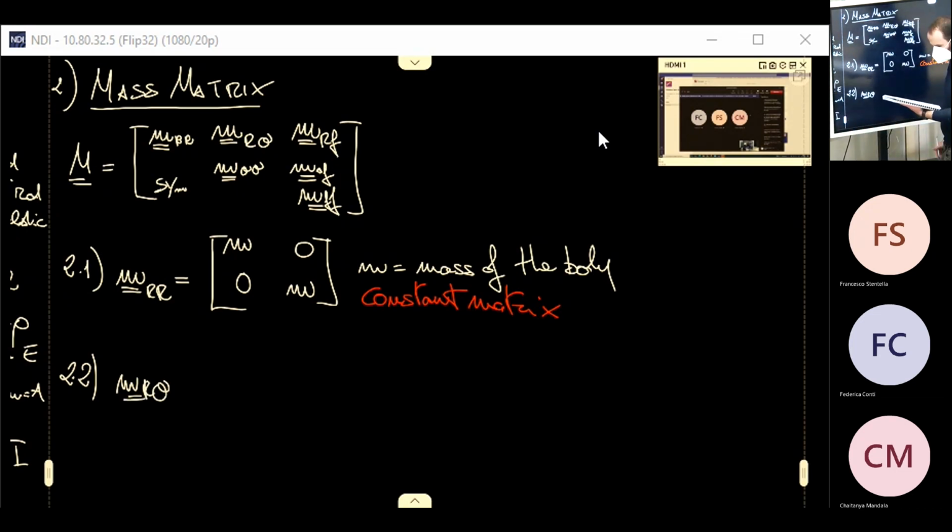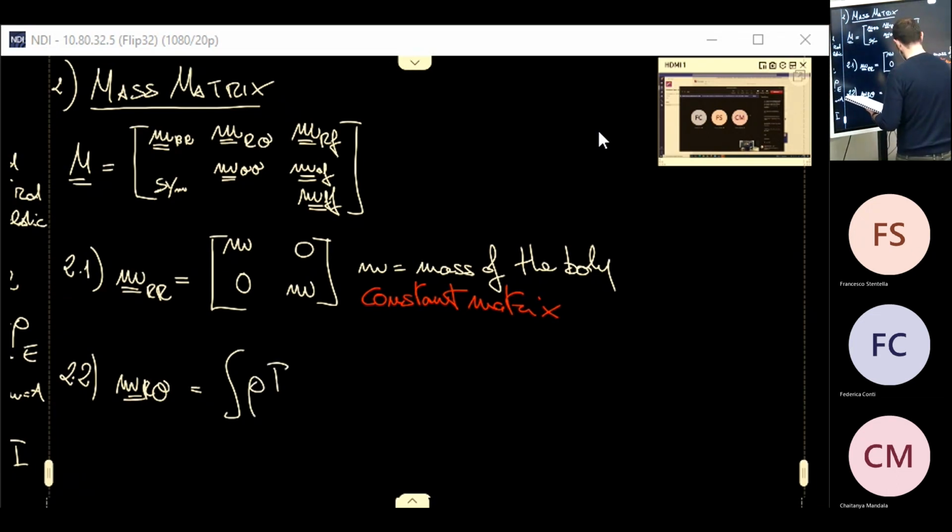So MR theta, we can write, as you know, as the integral of the density times the matrix B that we are seeing, integrated all over the volume of our body.